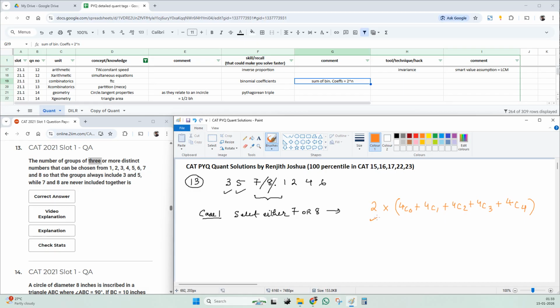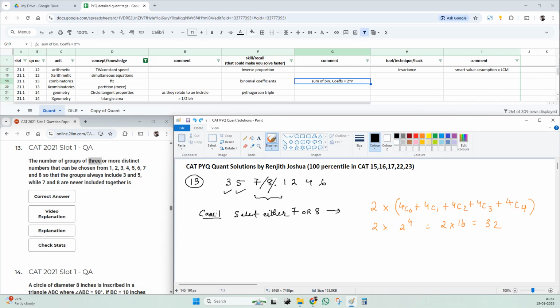You can either select 7 or you can select 8, 2 choices, independent of which, as far as 1, 2, 4, 6 are concerned, you can select none, or you can select all, or you can select anything in between. So that's 4C0 plus 4C1 plus 4C2 plus 4C3 plus 4C4. Based on this result, you can just say that this is equal to 2 raised to 4, right? So this is going to be 2 into 2 raised to 4, which is 2 into 16, which is 32. This is case 1, and this is the bit where you use FTC, fundamental theory of counting.